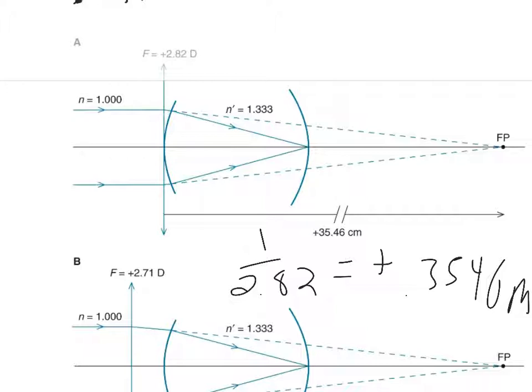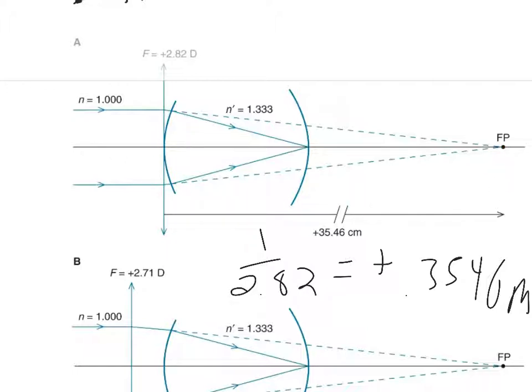Because it's positive, the far point is to the right of the lens. So here you have 35.46 centimeters, which is the same thing as 0.3546 meters. That's the distance between the contact and the far point.